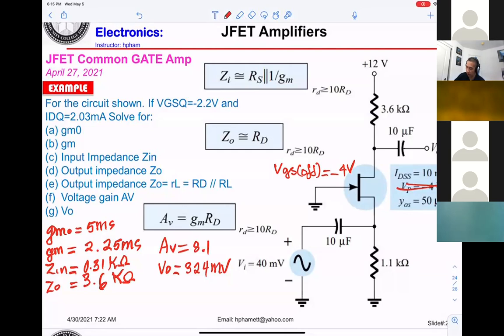I don't see it. Where's that? Right here. Oh, okay, I'm sorry. Yeah, there we go. 40 millivolts. Yep, that's right.